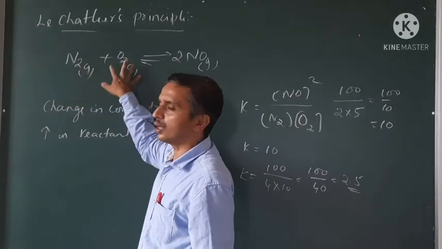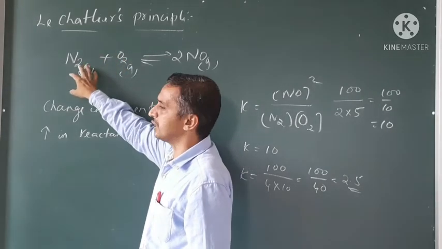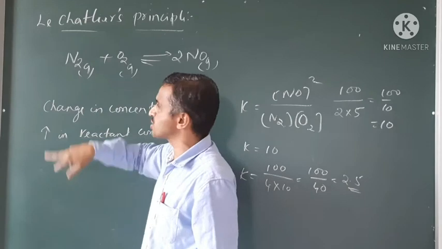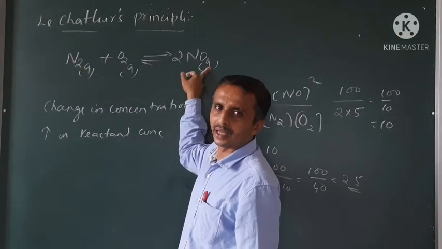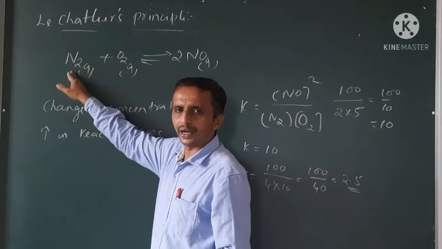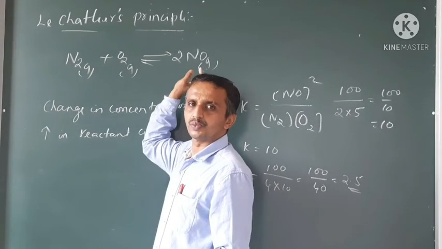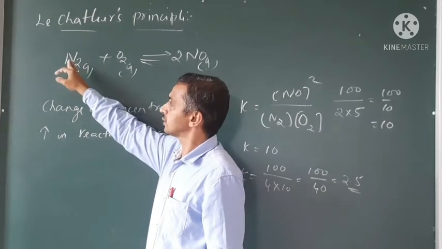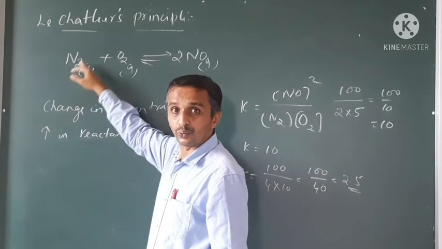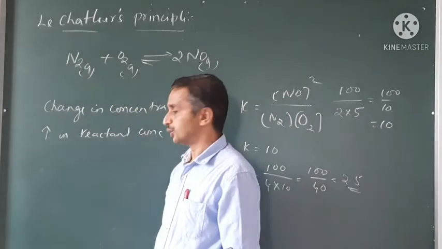See, these two concentrations increased. If this increased concentration should be decreased, means more and more N2 and O2 should combine and give the NO. Means more NO should be formed, then a little N2 and O2 should decrease over there. Then again the equilibrium will be maintained.